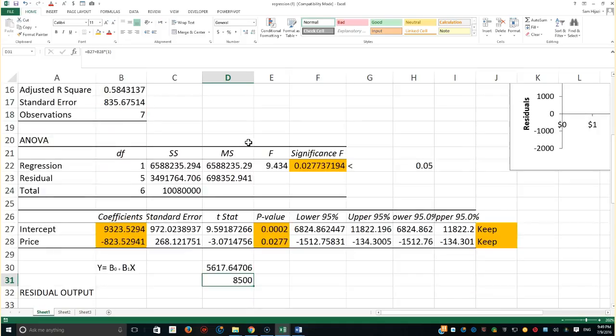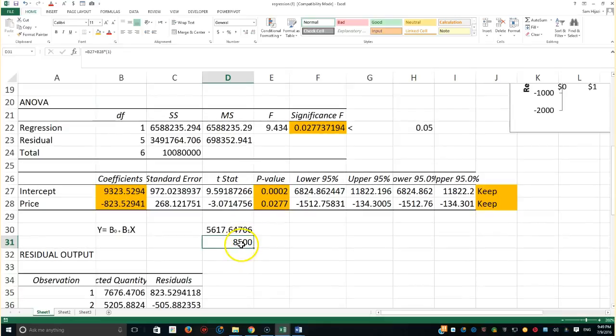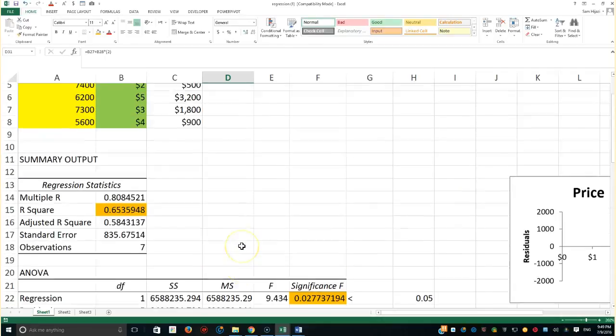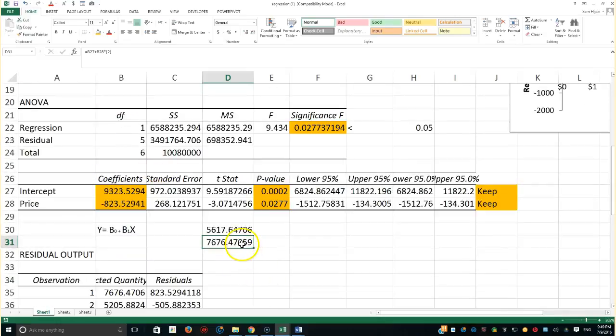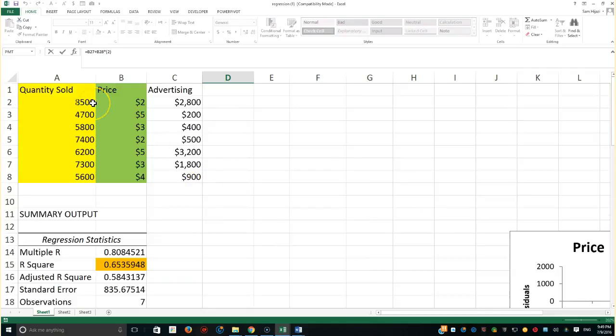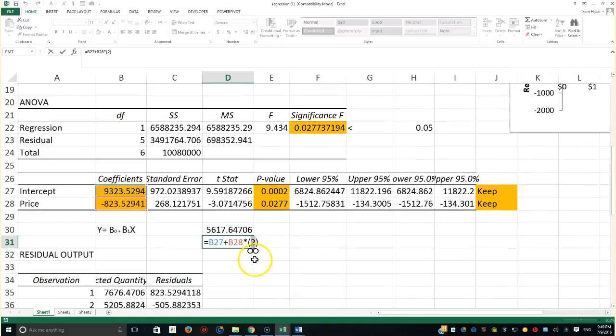Actually, it's interesting to see that at 1 and at 2 they seem to have the same value. Let me check that. No, at 2, this is the prediction model at 2. This is the observed value at 2. So there is a difference between the two.